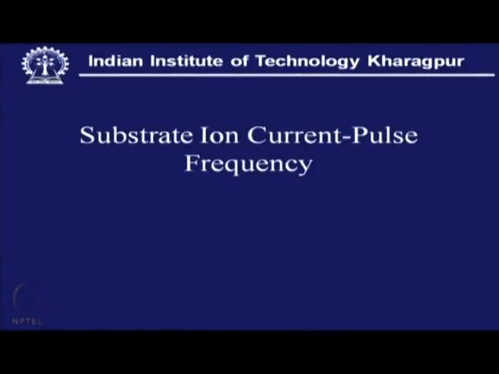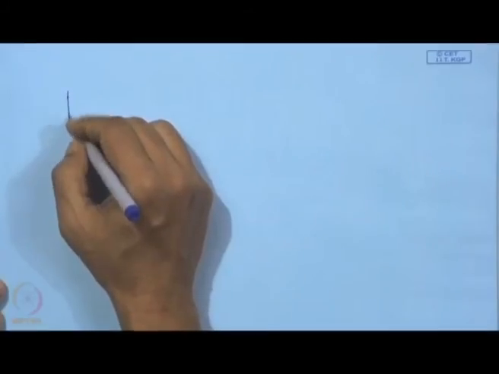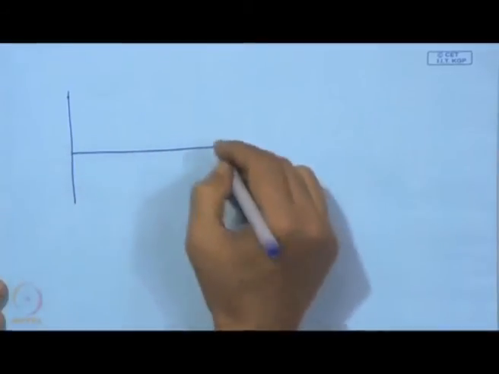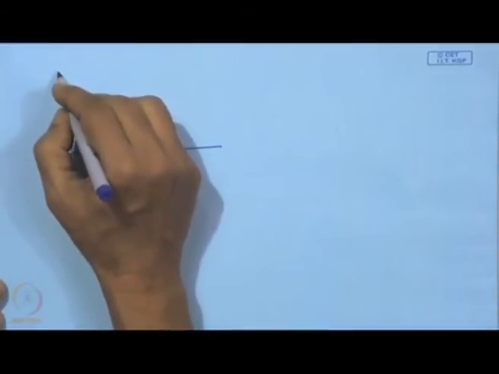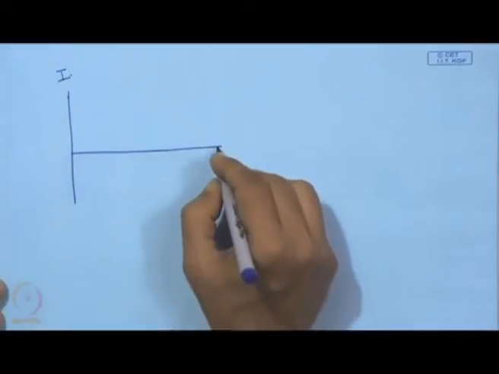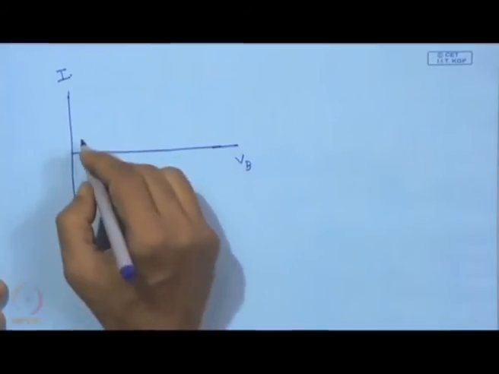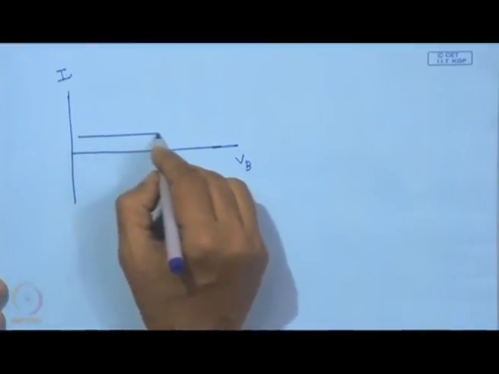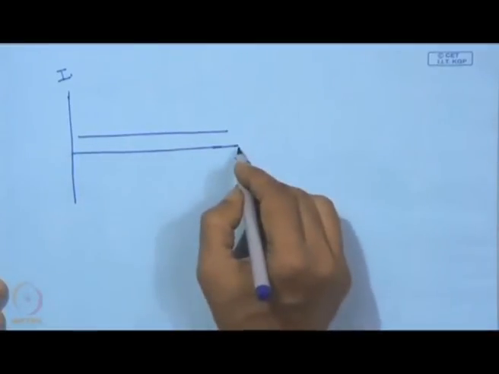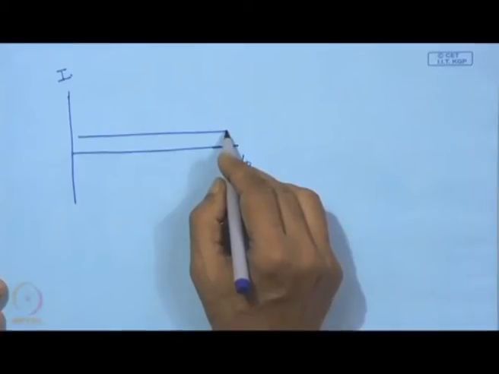So, substrate ion current versus pulse frequency. This is one very important graph. Normally what we see is substrate ion current I against substrate voltage. Normally it becomes saturated, so with increase of voltage we can hardly increase the current.